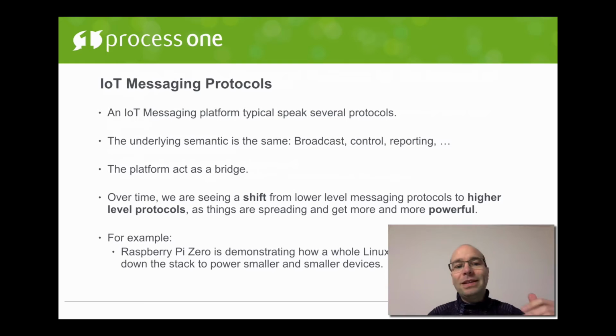So that's the idea. And what we see also, which is an interesting trend, is a shift from lower level messaging protocols to higher level protocols, because things get more and more powerful. Last November, December, the Raspberry Pi Foundation released the Raspberry Pi Zero, which is a very small and very cheap Raspberry Pi. I think it was sold for £5 or £6 with a magazine.